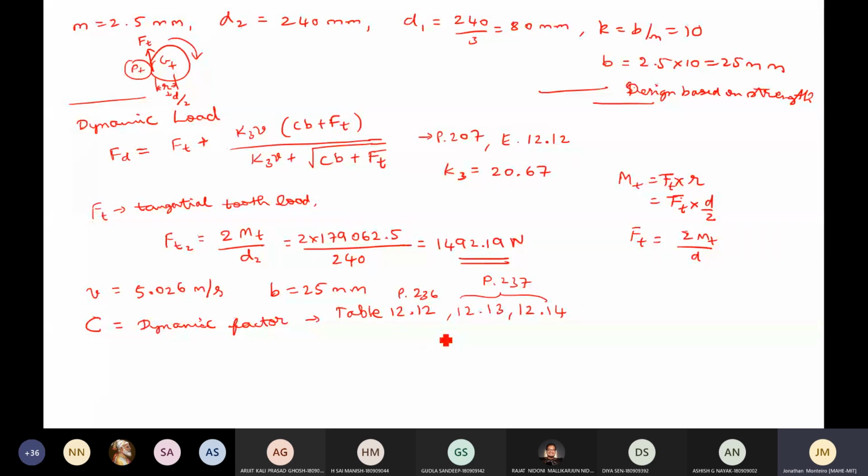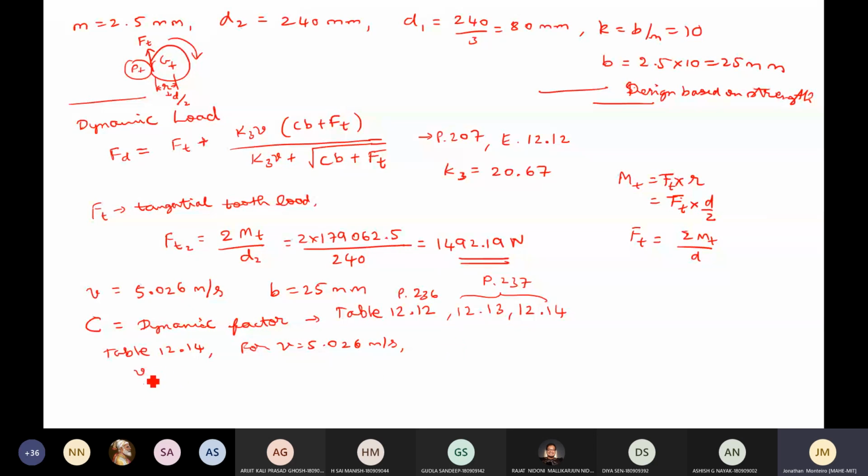Okay, so let us start at 12.14. According to this table, for V is equal to 5.026 meters per second, for this table you don't have 5.026, but you do have a value between 5 and 6. So what we'll do, we have to interpolate.